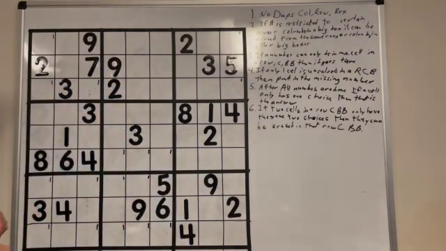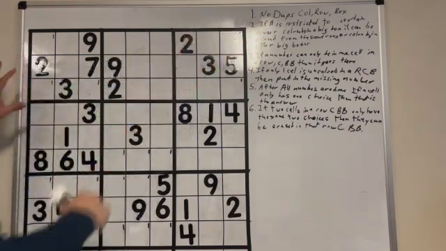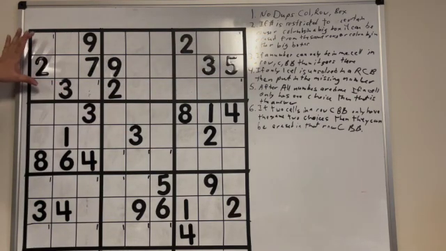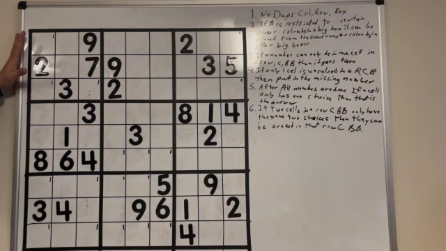So if you have, we're looking at this big row, and in this big row we can see this big box has ones only in the top and the bottom, and this big box has ones only in the top and the bottom.